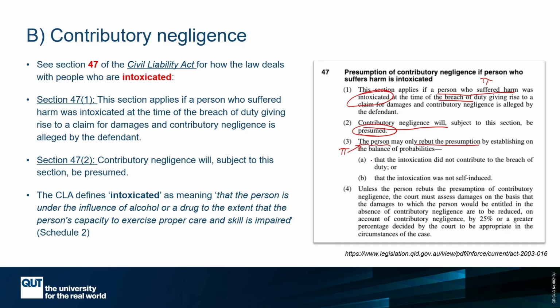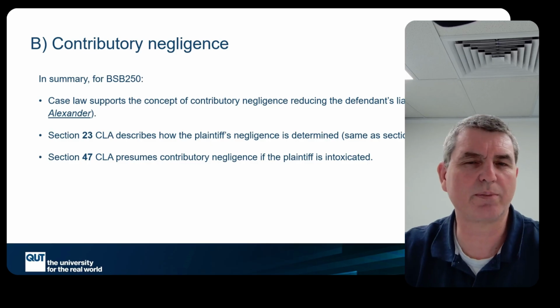They have to show that either the intoxication didn't contribute or essentially that they were drugged, that the intoxication was not self-induced. Okay, so take aside the case of someone slipping you a Mickey. This means you've got to show that being drunk didn't contribute to the problem, or being intoxicated, because again, it could be other drugs. And not only that, it's going to reduce the liability of the defendant by at least 25%.